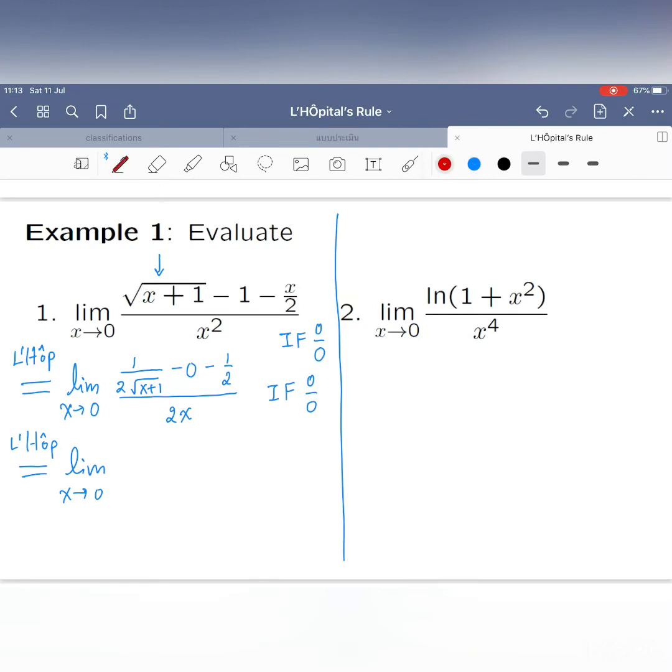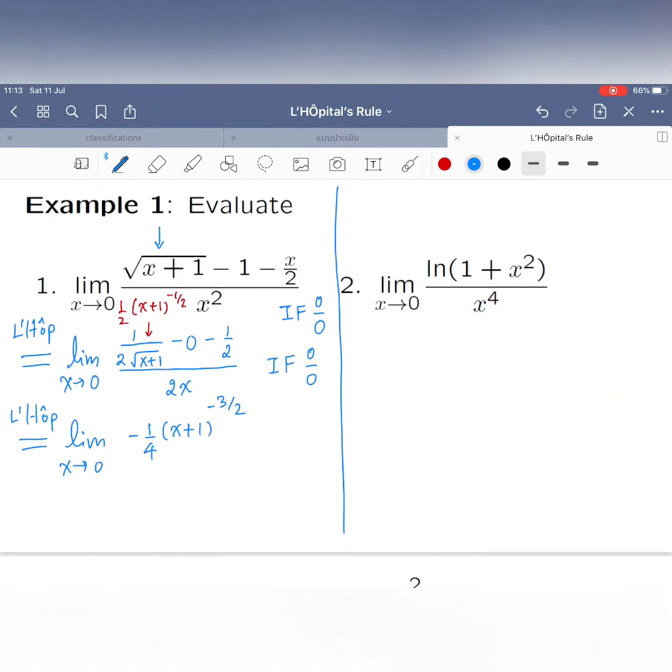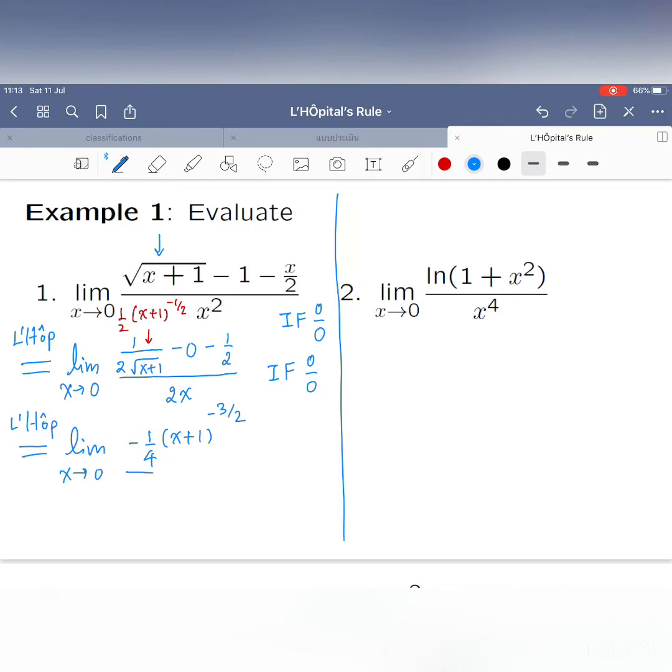So what is the derivative of this one? You need to look at it as 1 over 2 times x plus 1 raised to the power negative 1/2. So the derivative becomes negative 1/4 times x plus 1 raised to the power negative 3 over 2, and then the rest are constants, right? So the derivative of the 1/2 goes to 0 immediately. For the derivative of your bottom, don't forget that we do it separately, you get a 2.